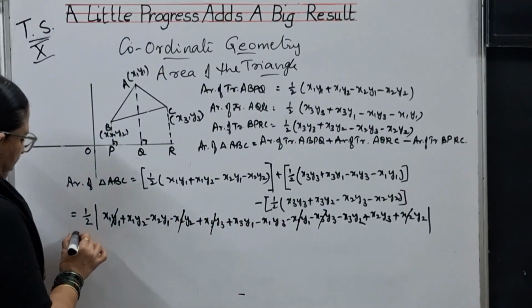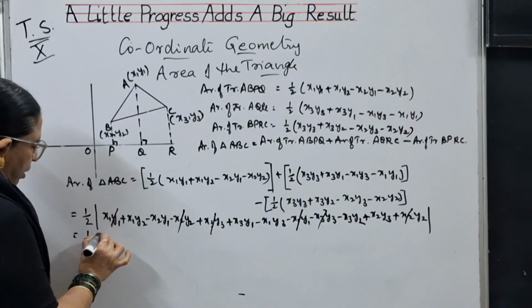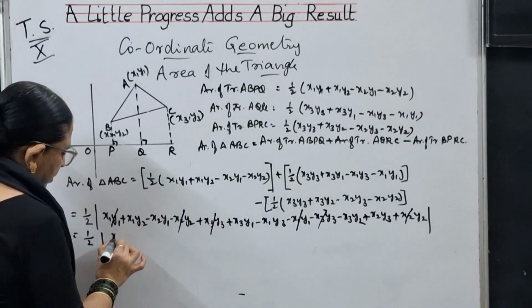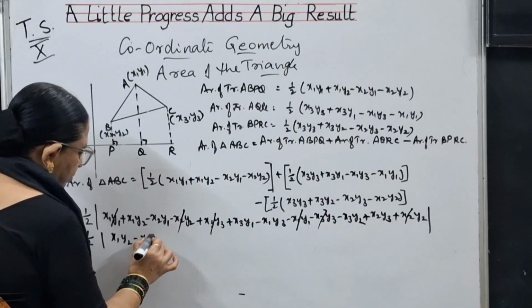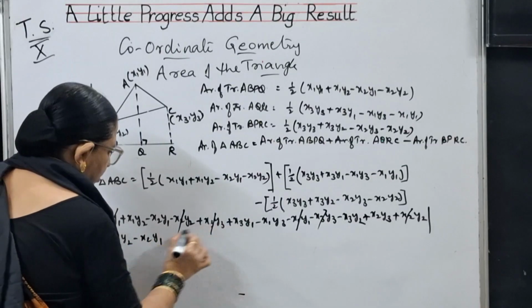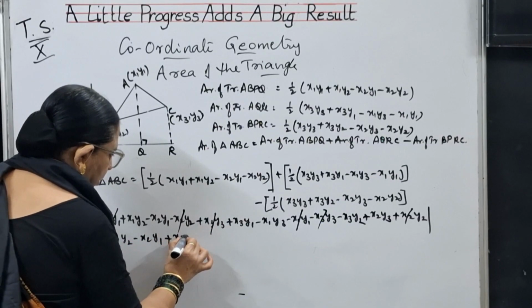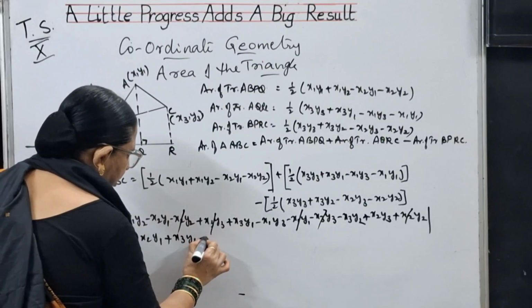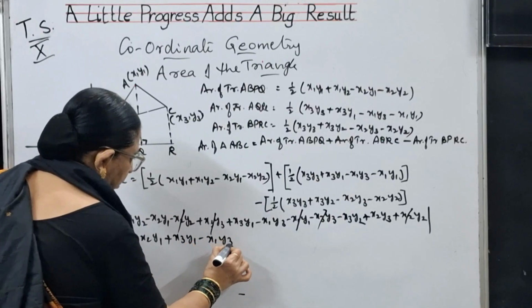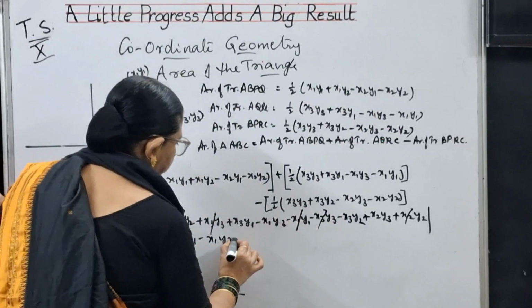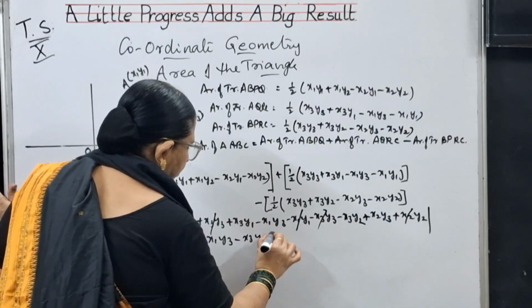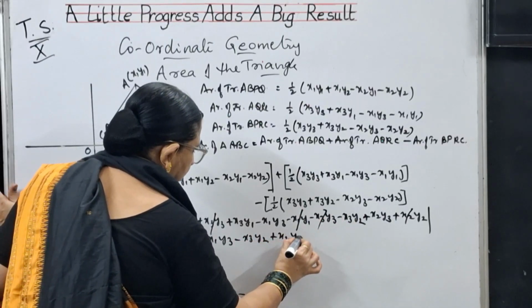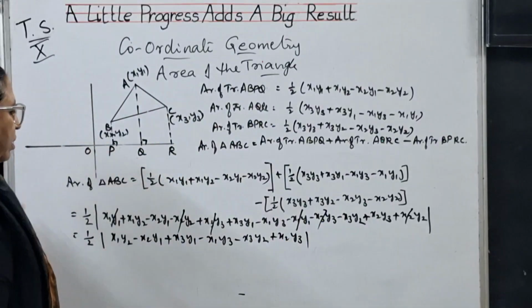Now let us write what is left behind. Half modulus x1 y2 minus x2 y1 plus x3 y1 minus x1 y3 minus x3 y2 plus x2 y3. These are left behind.